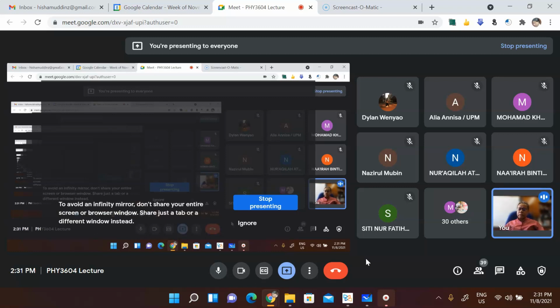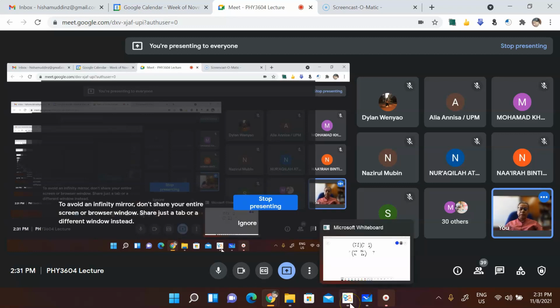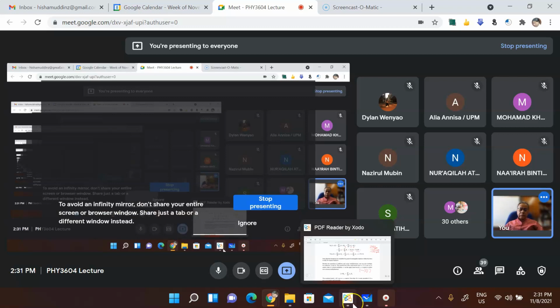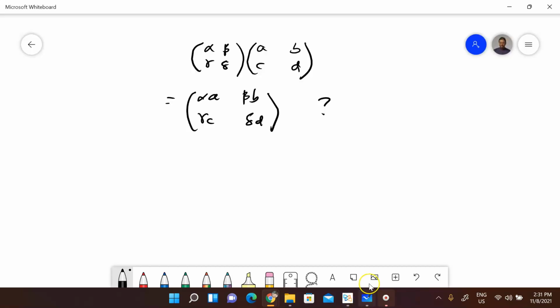I'm just letting you understand why that should not work in this particular case, because you want to maintain certain things. For example, let's suppose I call this whole thing A, and let's call this B. So you have a product defined this way, and then you also have addition.